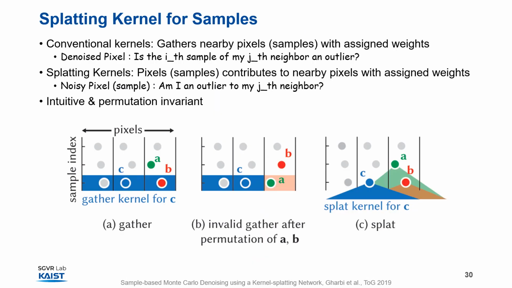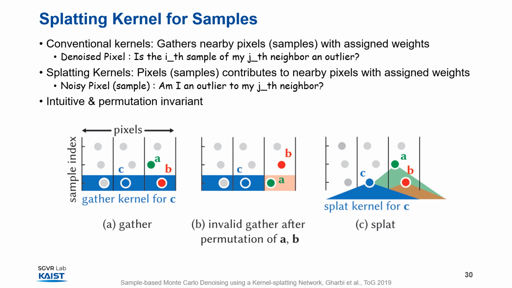To work on sample space, one work uses a sample-wise splatting kernel, which turns the intuition of the kernel to the opposite. The conventional kernels usually gather pixels or samples of nearby based on their assigned weights. And this is analogous for a denoising pixel, asking, is the ith sample of my jth neighbor an outlier?